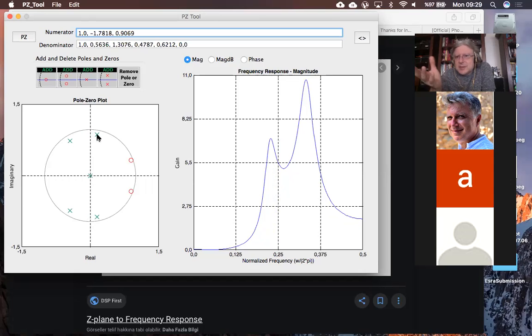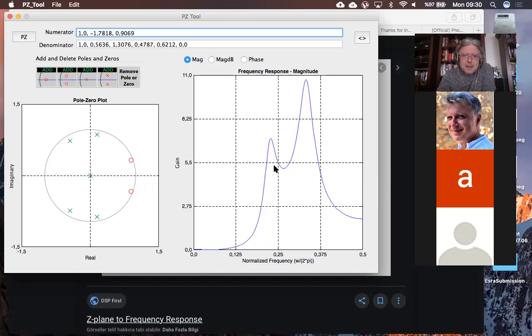Now, what do we see? What is the observation that we make here? Because of the conjugate pairs of zeros, it touches this frequency that I'm marking with the cursor. Please take a close look at that cursor.